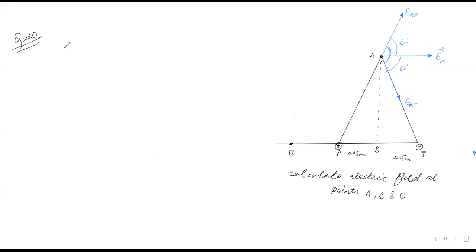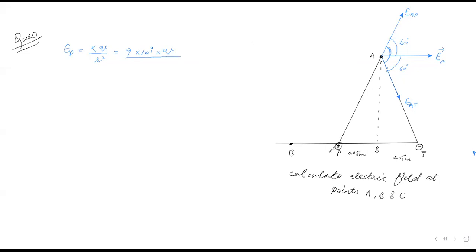This is your field at A. And now what will be its magnitude? It will be E at P is equal to KQ over R square. What is the value of K? K is 9 into 10 raised to the power 9, into charge Q over R square.